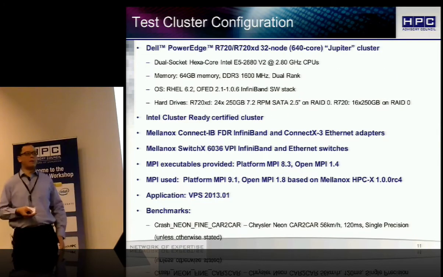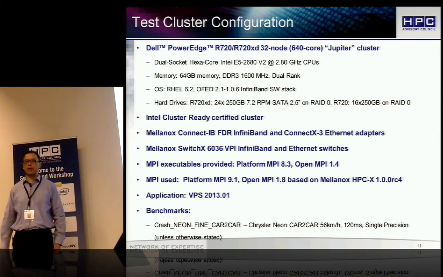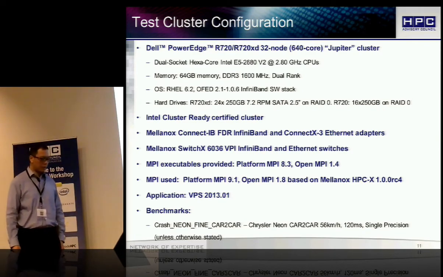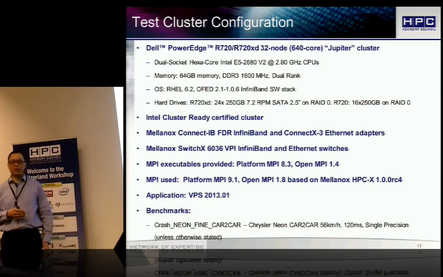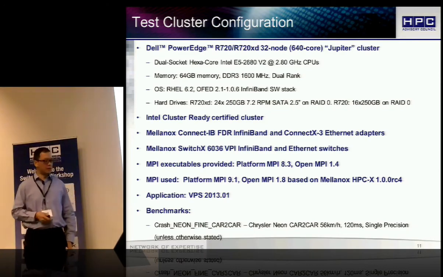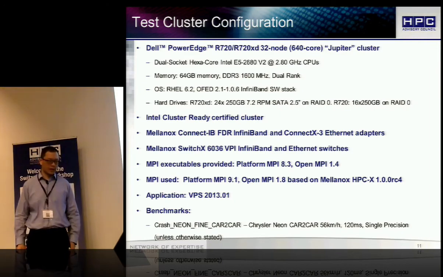Here I'm describing the hardware configuration that I use for my system. For this particular study, I work on the Intel Ivy Bridge cluster. Some of the details are shown here, such as the MPI libraries that the ESI Group supports. For instance, they support running with Platform MPI.